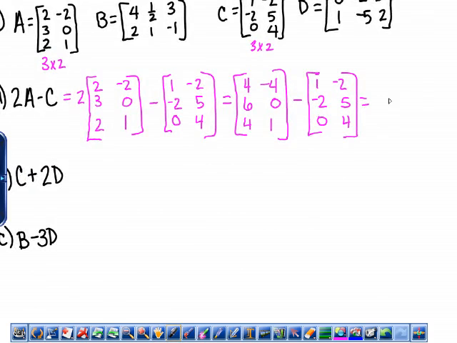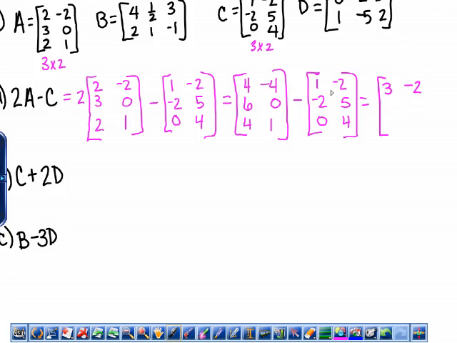Let's go ahead and subtract. 4 minus 1, 3. Negative 4 minus negative 2. Negative 2. Why? Good. When you subtract a negative, it becomes positive.